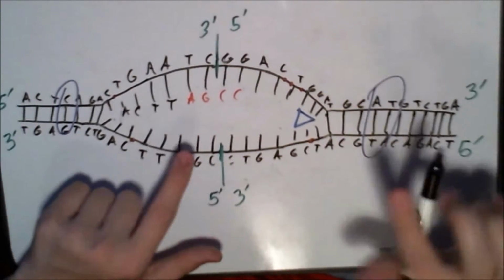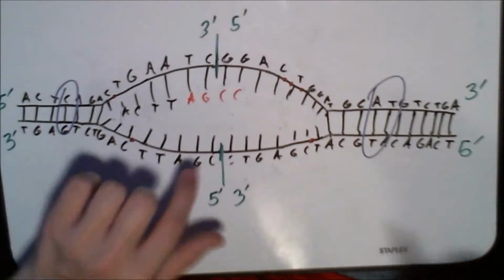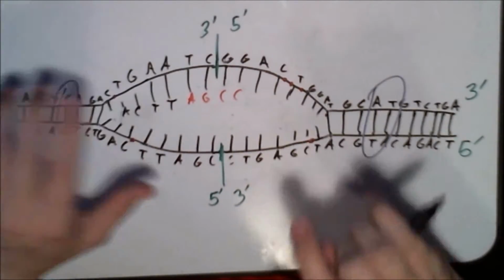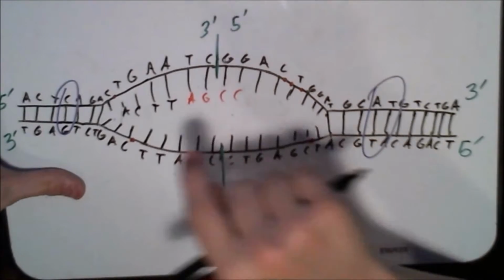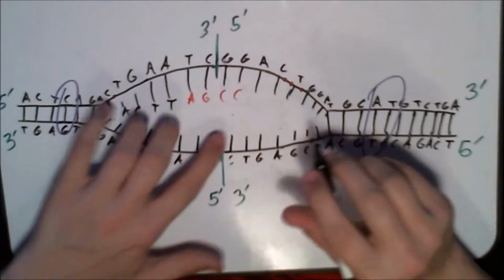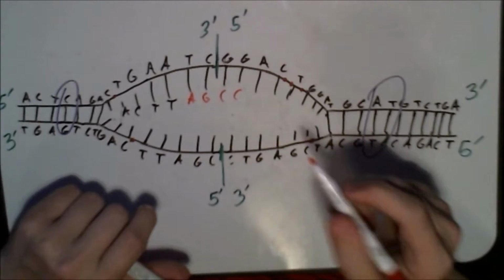Now we do run into a slight problem when we try to go the other way, because the DNA will always replicate running 3 to 5. So here we run into a bit of a stalemate. Now here's what we do.